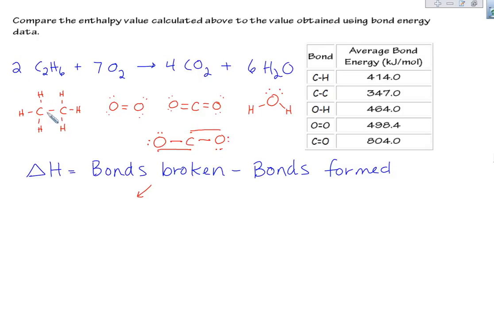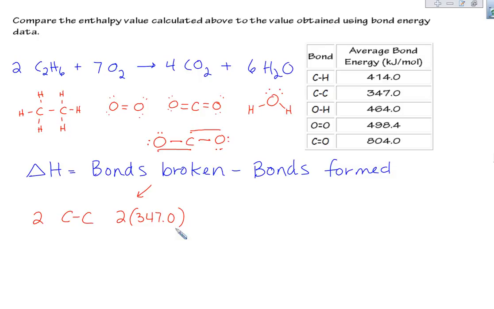I have 2 moles. So at some point, we're going to need to break 2 carbon-carbon single bonds. So we're going to take 2 times carbon-carbon single, 347.0. And again, these are all kilojoules. So you have to watch the balanced equation to check the ratios.